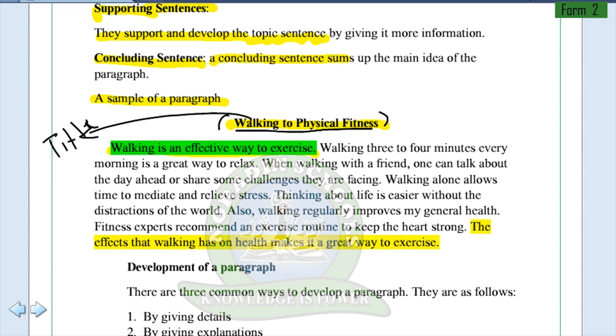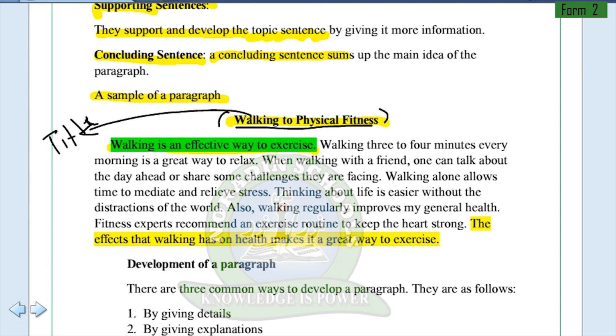Let's read here. Start from here. All these sentences here are the supporting sentences.